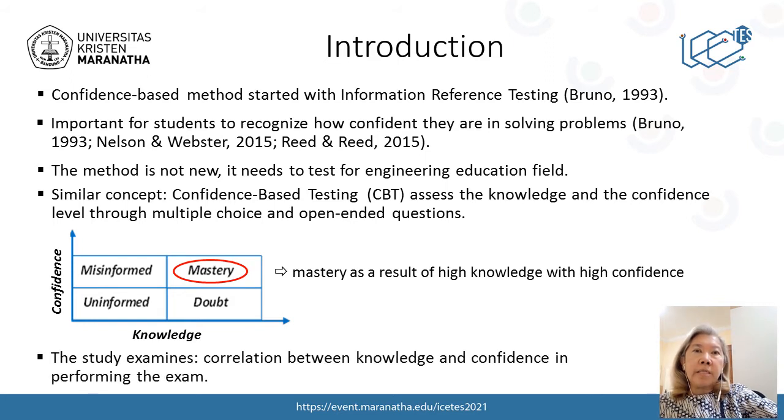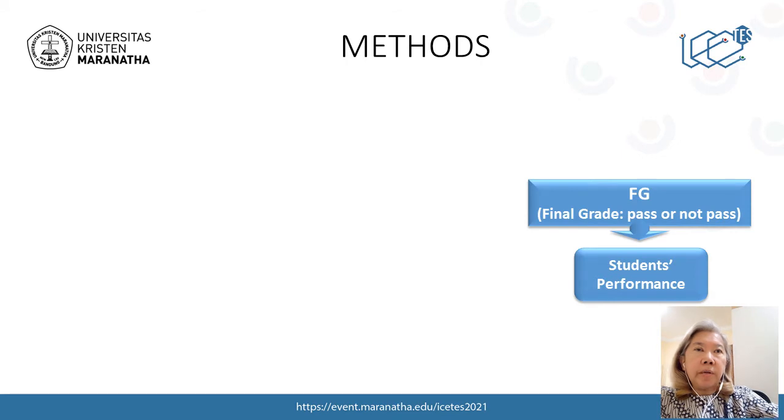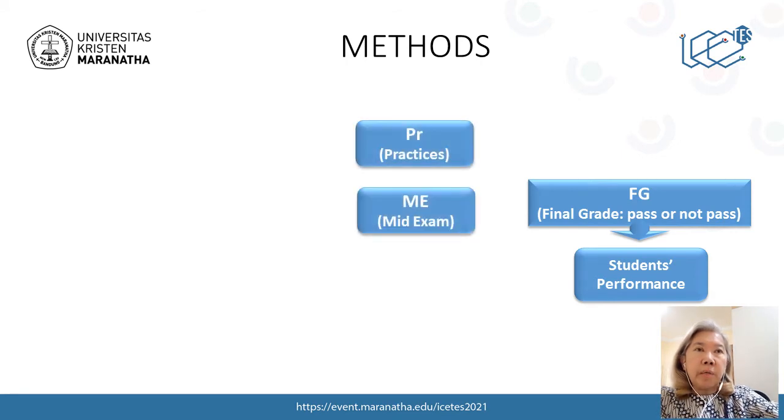This study examined the correlation between knowledge and confidence in performing the exam. Student performance was determined from the final grade. The final grade of a student was obtained from three measurements, that is practices, mid-exam, and final exam.